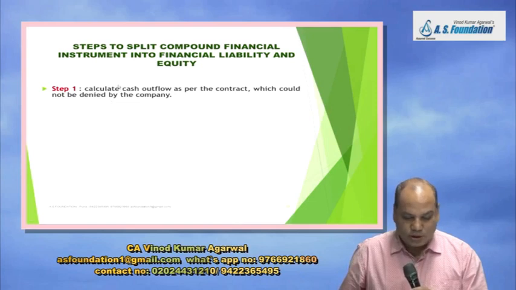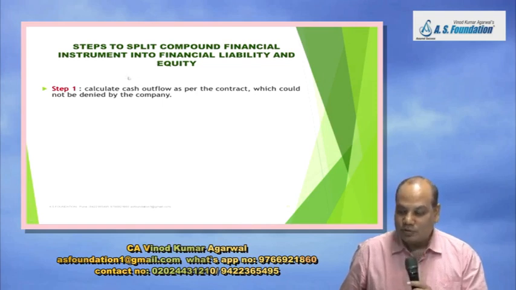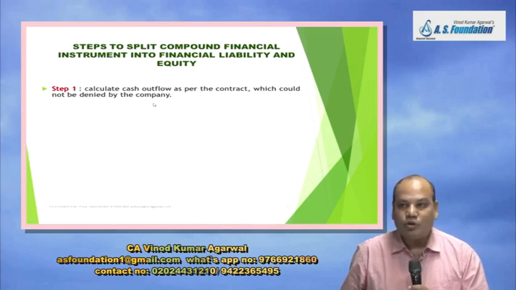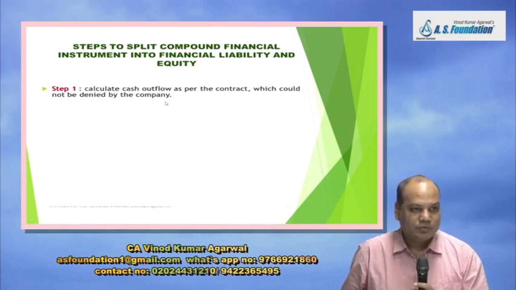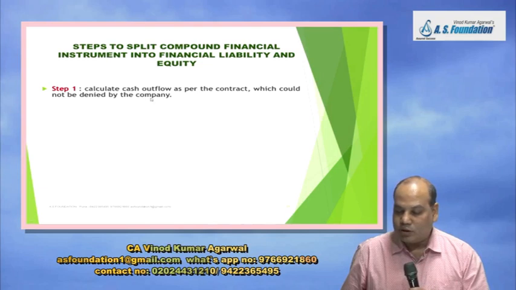Now, this we have written to simplify it for the student, because one question you can definitely expect from compound instruments. Step 1 is to calculate the cash outflow as per the contract, which could not be denied by the company. That means mandatory outflows. Now what about the redemption value?